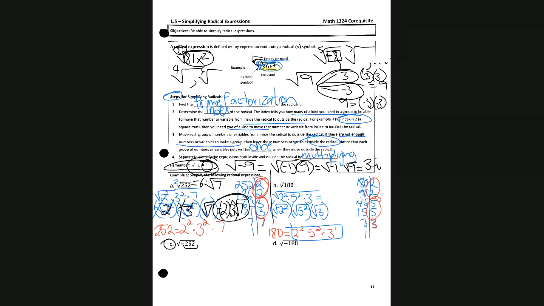We could also write it in this way, the square root of 4 times the square root of 25 times the square root of 3. So now if I take the square root of 4, it will be 2, which is also the square root of 2 squared.